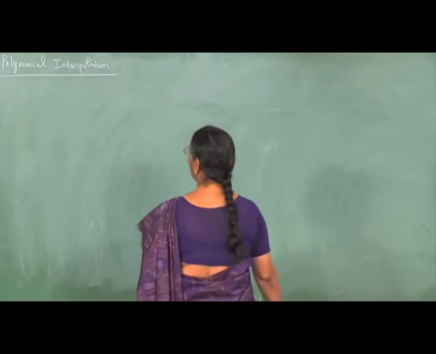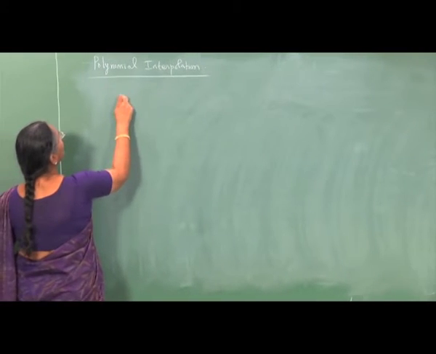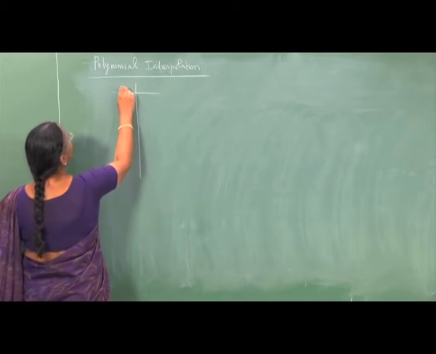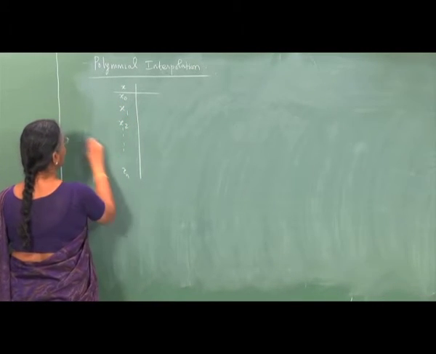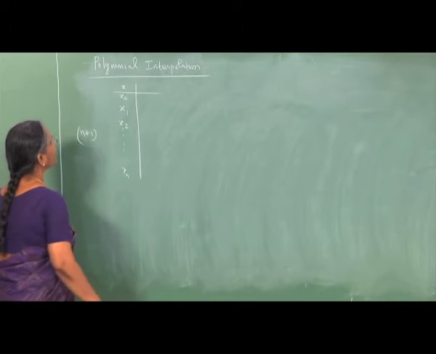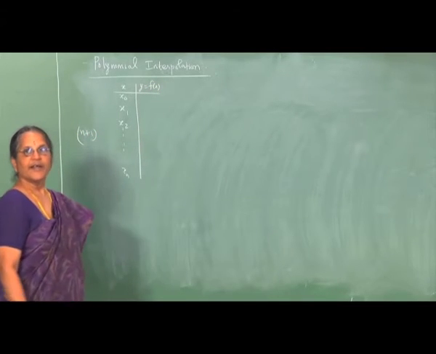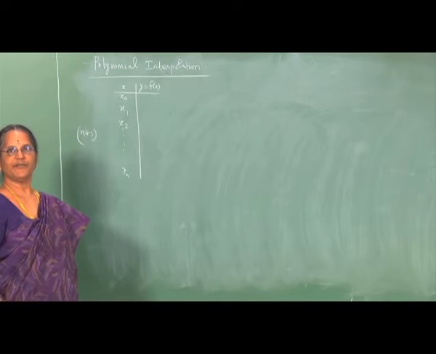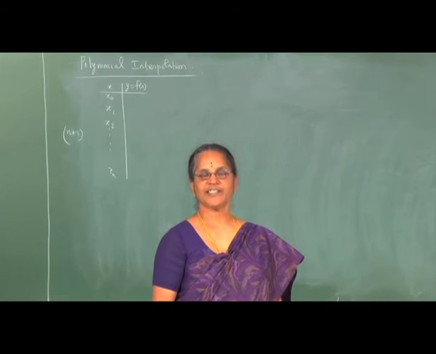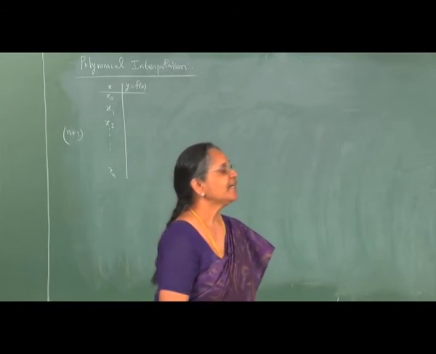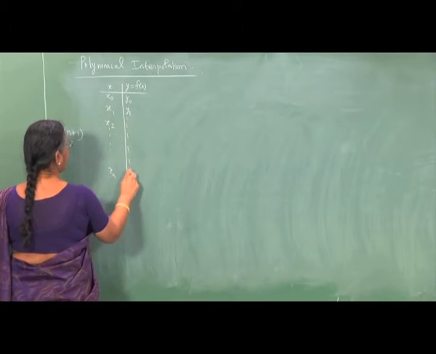Or in other words, if we want to mathematically formulate this problem, we are given information about the independent variable at a set of discrete points, say x0 to xn, and we are also given the values of some function which may have been obtained by some experimental observations or some measurements, say in the form y0, y1, etc., yn.